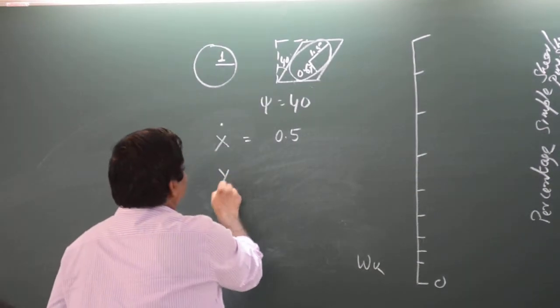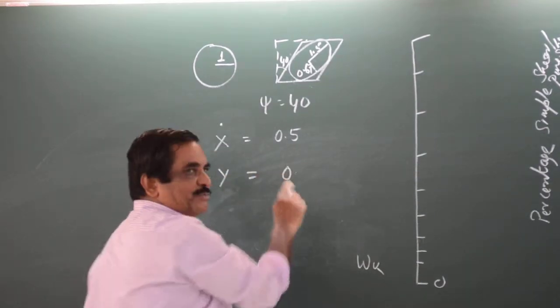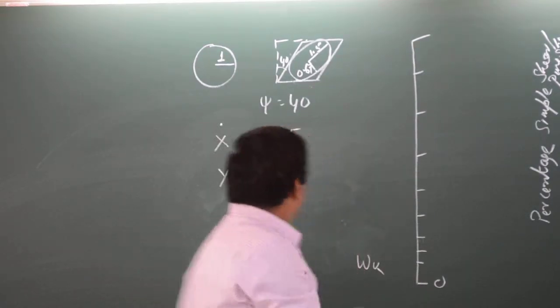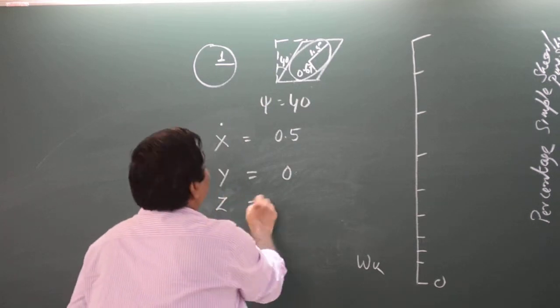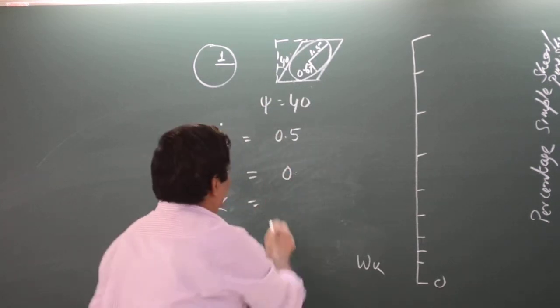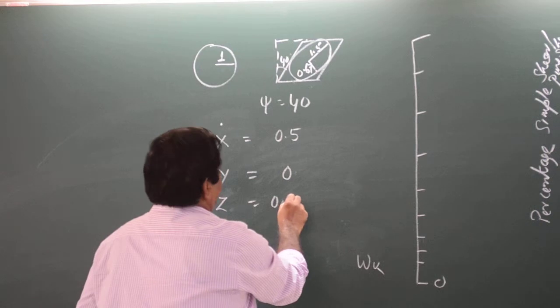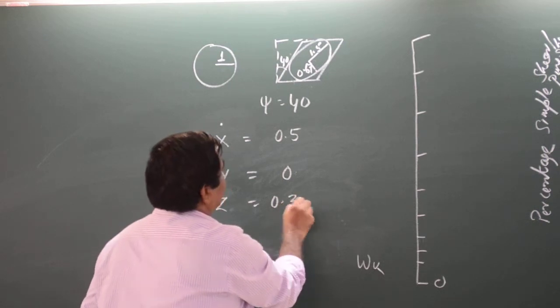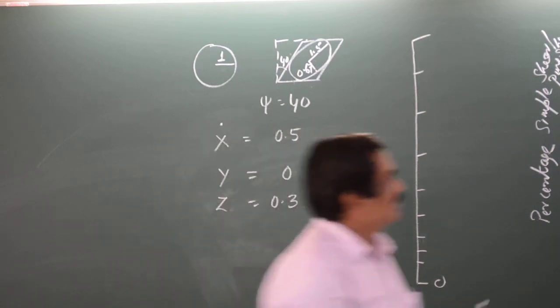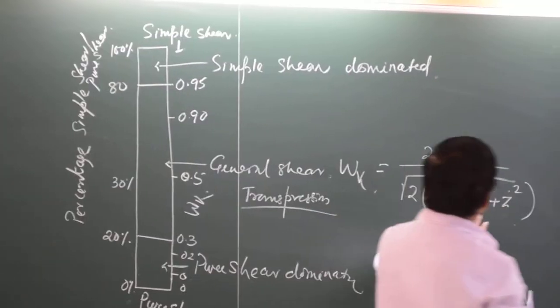What is y? y is 0, there is no change in y. z is 1 minus 0.2. Like this, right?